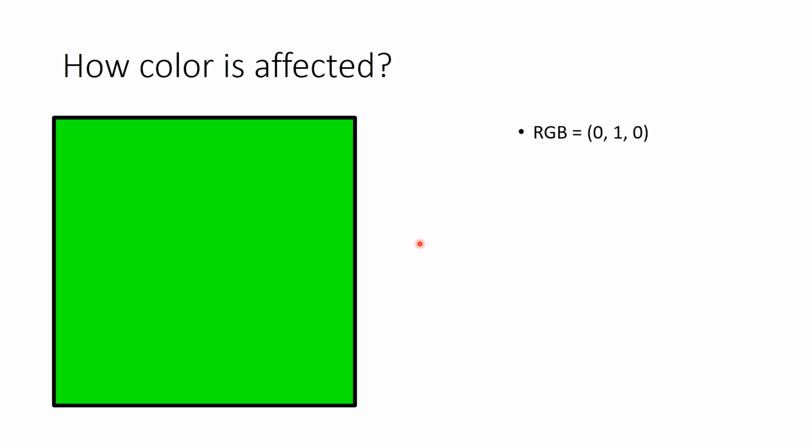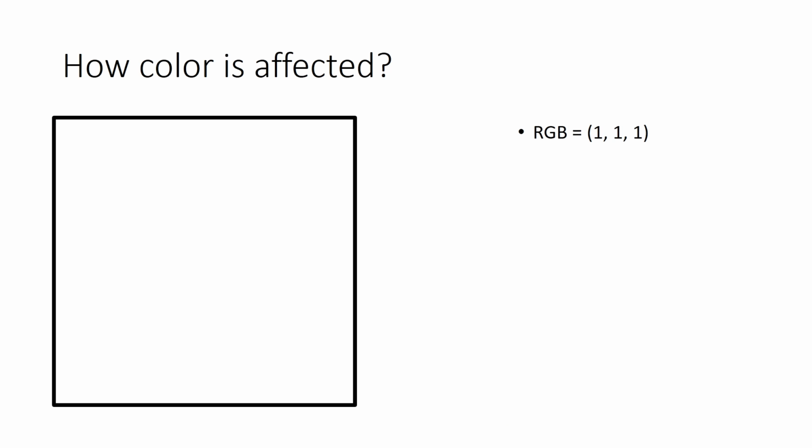To see another example, here we have a square which has RGB values of 0, 1, and 0. This is like a total green color. In this case, if we changed 0 for 1, you will get the white color, obviously.